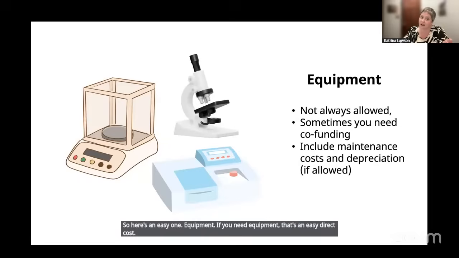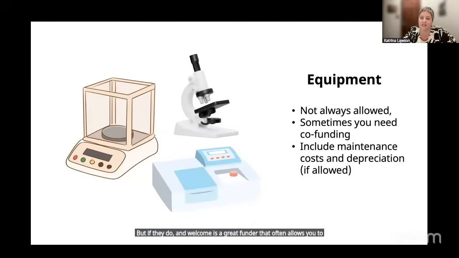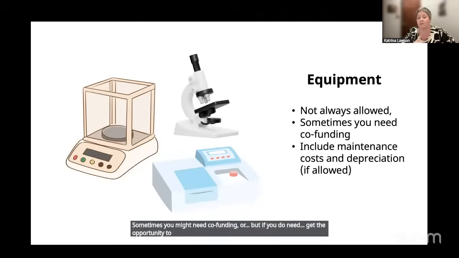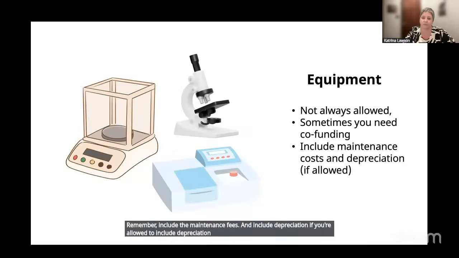It's not always allowed. Lots of funders will say you can't request equipment. But if they do, and Wellcome is a great funder that often allows you to request equipment, sometimes you might need co-funding, but if you do get the opportunity to request equipment, remember, include the maintenance fees and include depreciation if you're allowed to include depreciation.